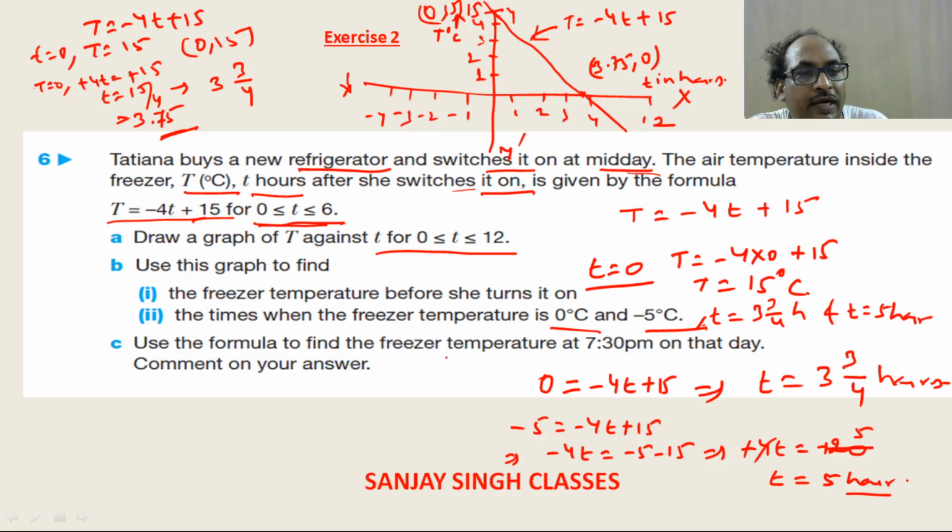Use the formula to find the freezer temperature at 7:30 p.m. on that day. Okay, comment on your answer.